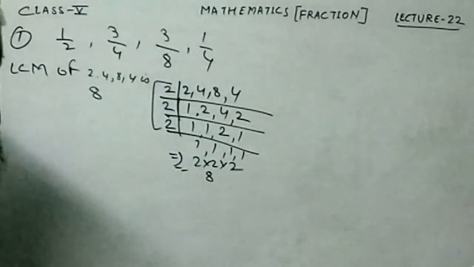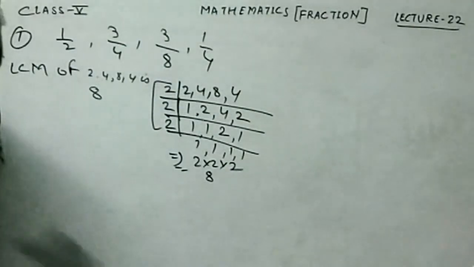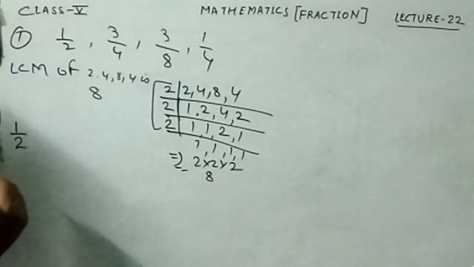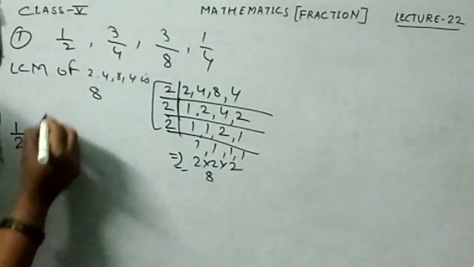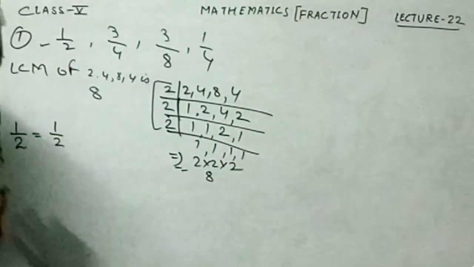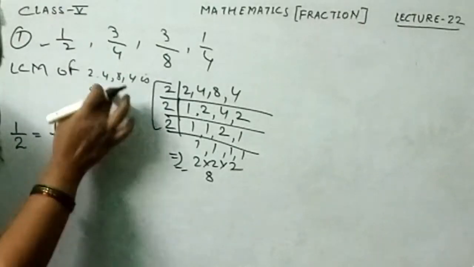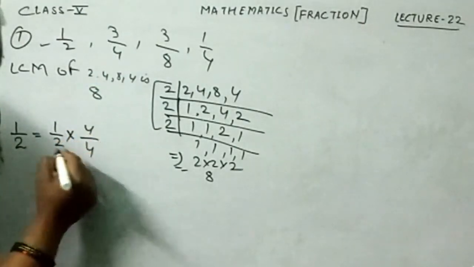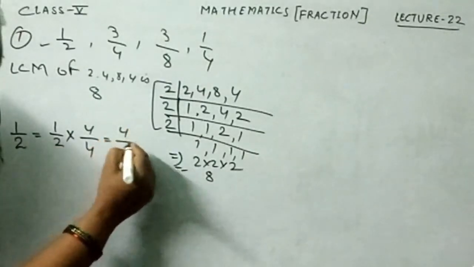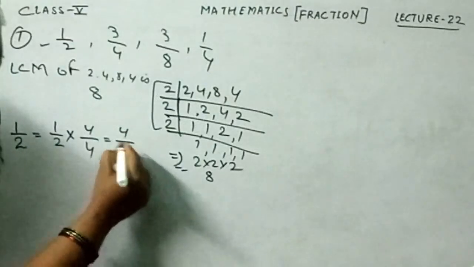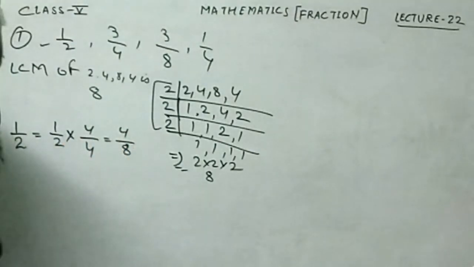By finding the equivalent fraction. Now students, see, 1 by 2. The first fraction is 1 by 2. In 1 by 2, what number will we multiply in the down to make it 8? 4 2s are 8. 4 1s are 4. Upper numbers you multiply together and down numbers you multiply together. 4 1s are 4, 4 2s are 8.